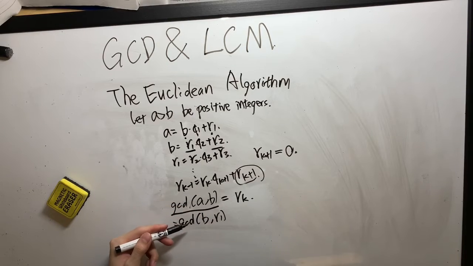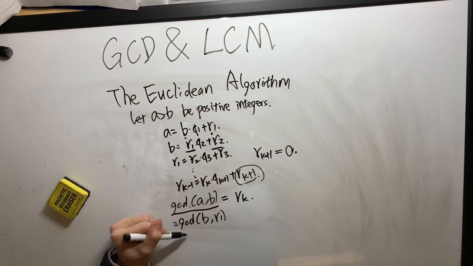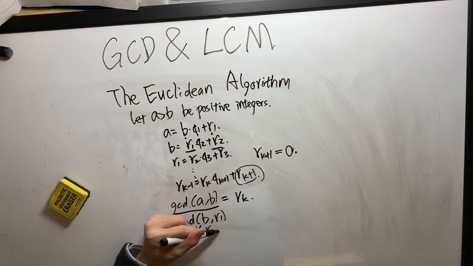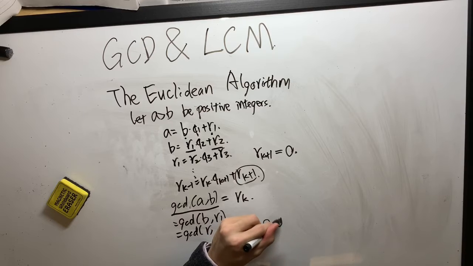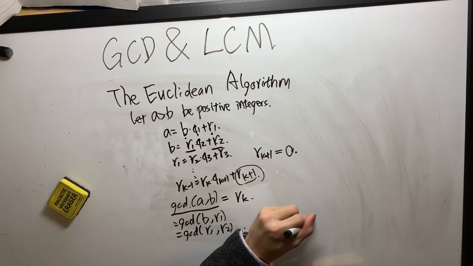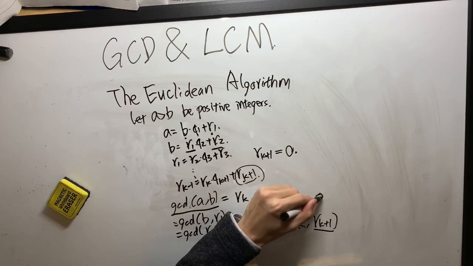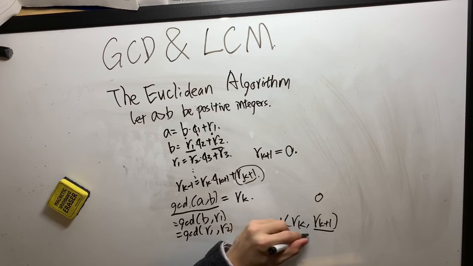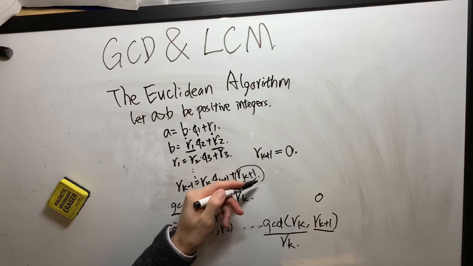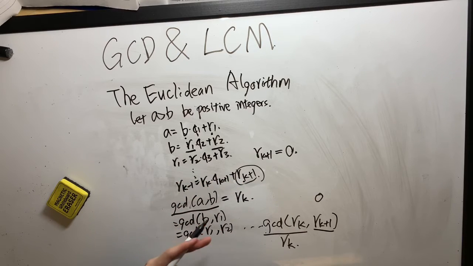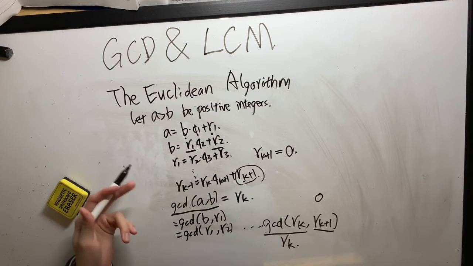This is stated in the proposition, and that is also equal to GCD(R1, R2), and so on until GCD(Rk, R(k+1)). Since R(k+1) is 0, GCD(Rk, 0) is just Rk. So as we keep doing that until R(k+1) is 0, then we find the greatest common divisor of A and B.